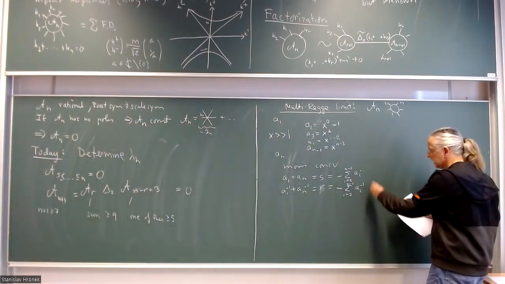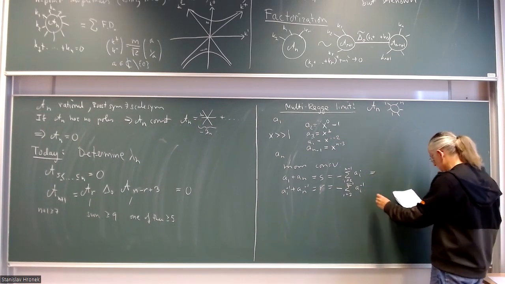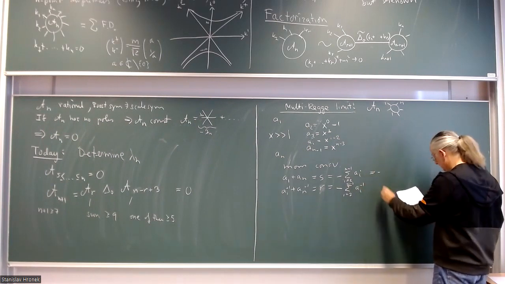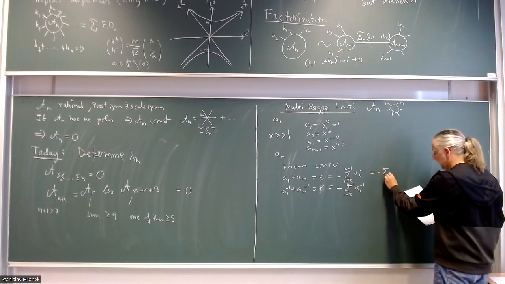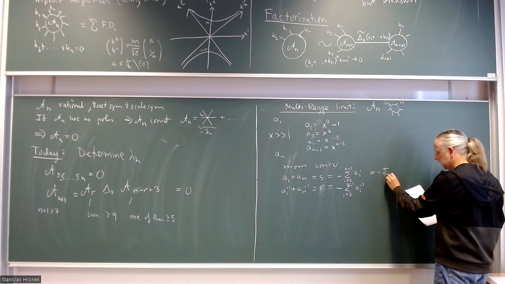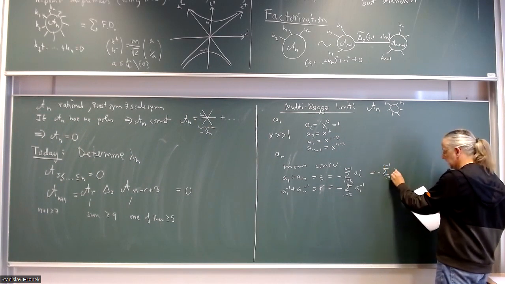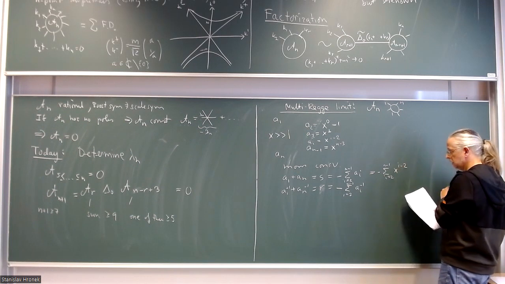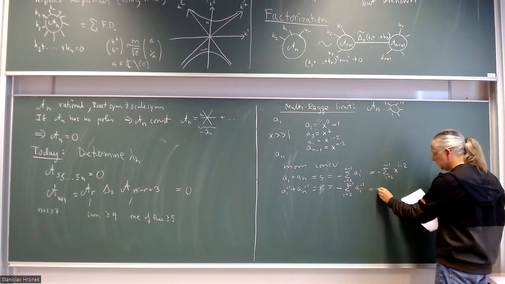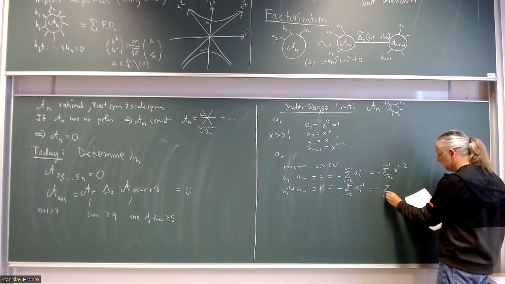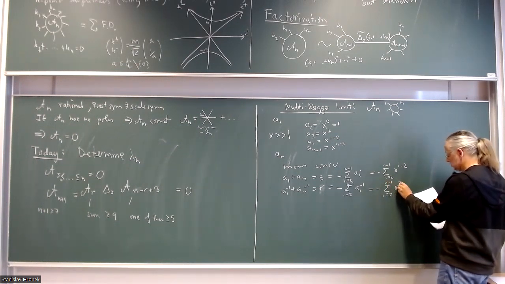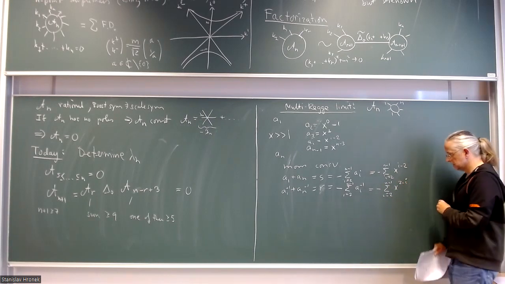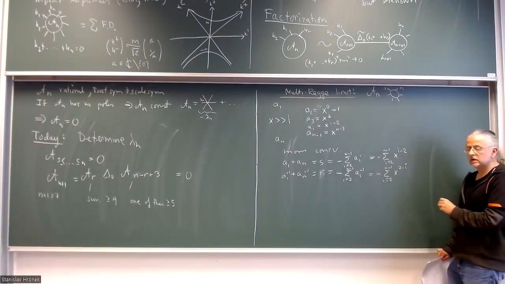So we have this, and then I can now use the Regge limit. So I get something like that. This is equal to minus the sum over i equal 2 to n minus 1 of x to the i minus 2, and this one will be minus the sum over i equal 2 to n minus 1 of x to the, I guess it's 2 minus i in this case, something like that.